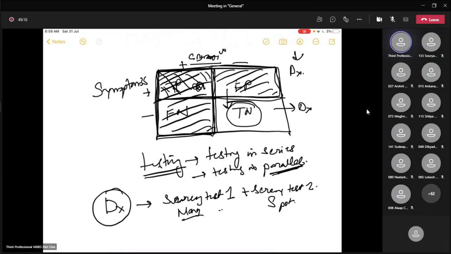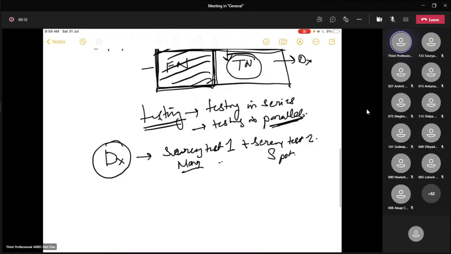Okay. Similarly, we can combine 2 tests like this. এটা পজিটিভ হলে পরেরটা করব না, এটা নেগেটিভ হলে পরেরটা করব। Can you give an example?